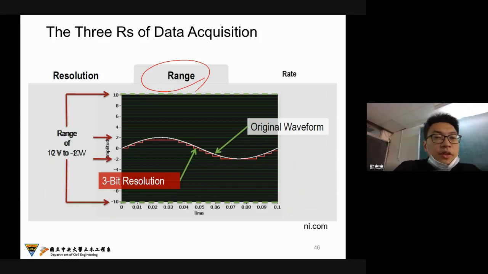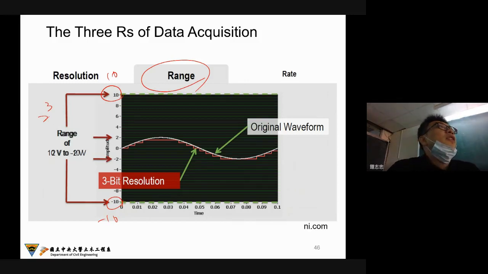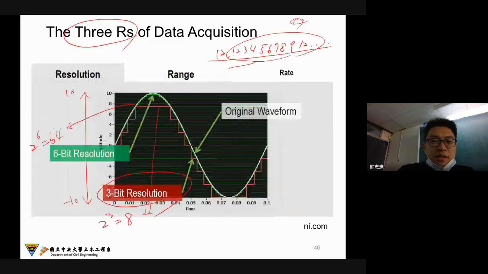If you use 10 to -10 with 3-bit, I think this is very ugly, as you can see in the red line.